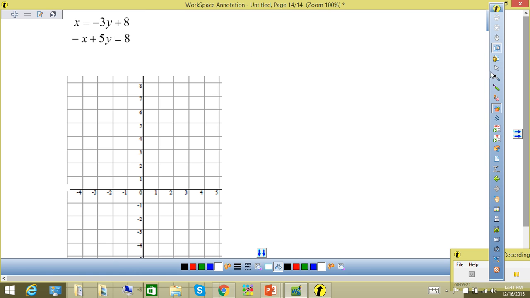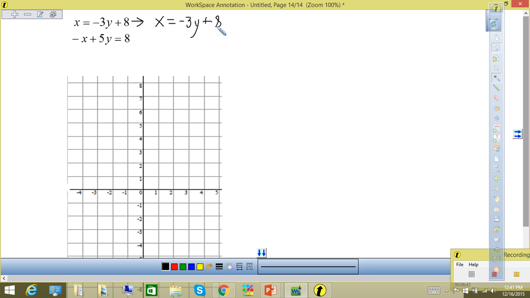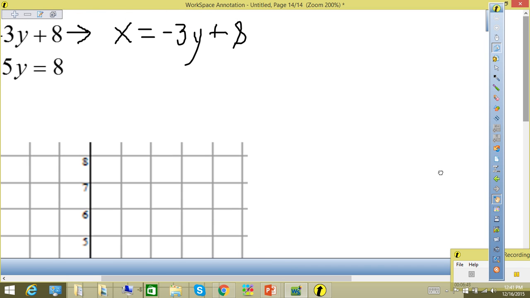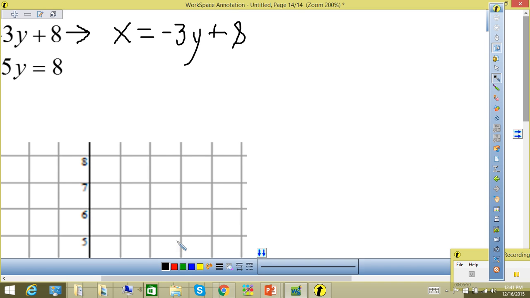So, there's a system, and the first way of solving is by graphing. Is that correct? So what is the first thing we should do? Set it in slope-intercept. So I'm going to start with the first equation, and I'm going to write x equals negative 3y plus 8. And let me zoom in. So, to set that in slope-intercept form, what do I need to do, everyone?